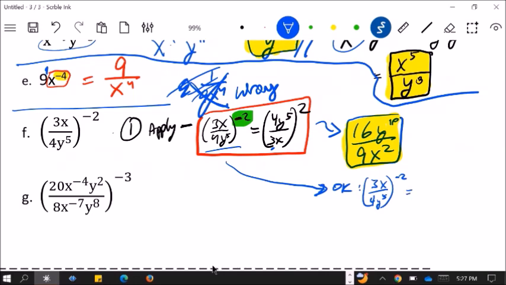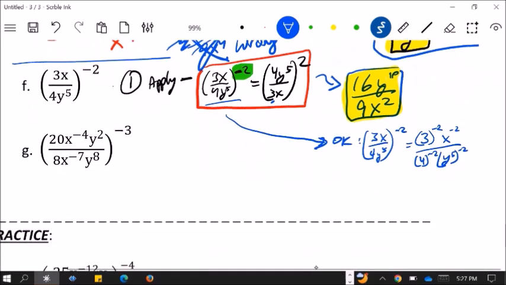I could apply that negative 2 to each one of these. So it'd be 3 to the negative 2 power, x to the negative 2 power, 4 to the negative 2 power, and y to the fifth to the negative 2 power.